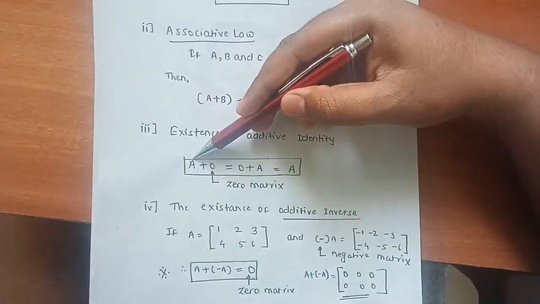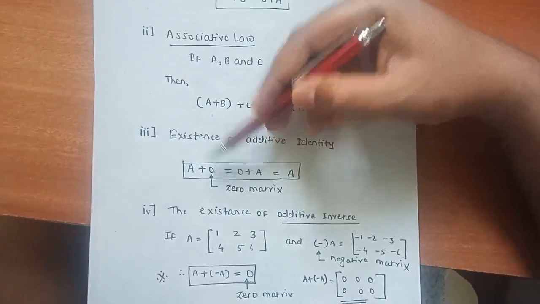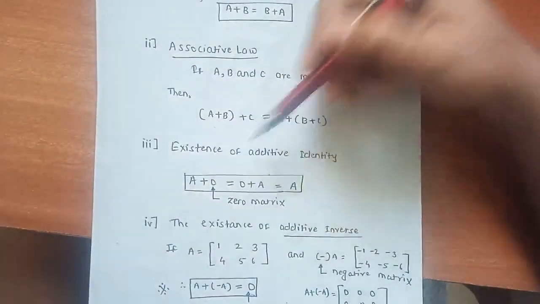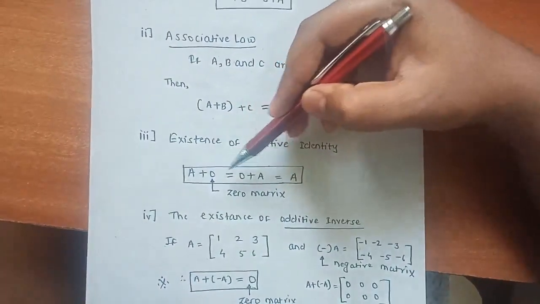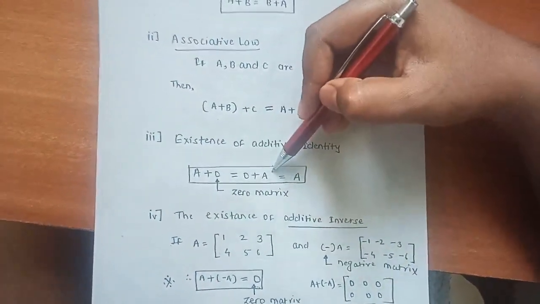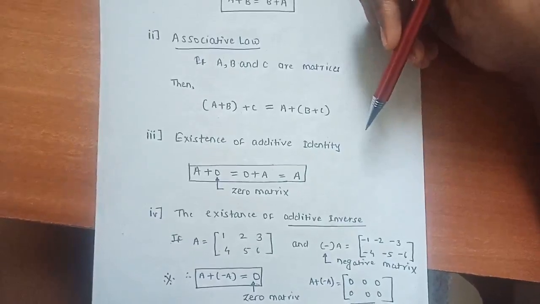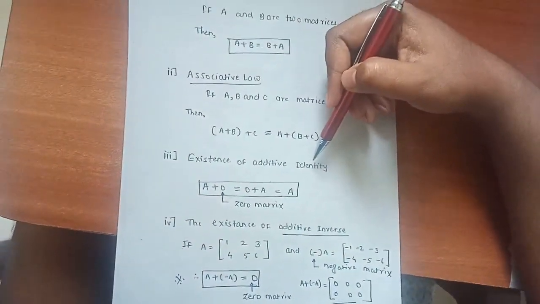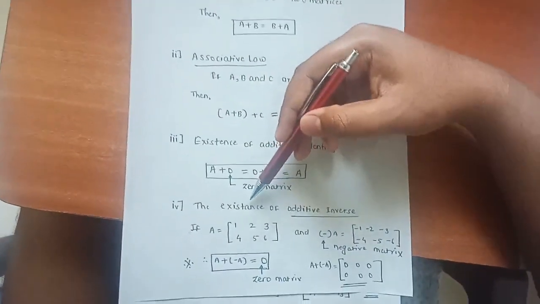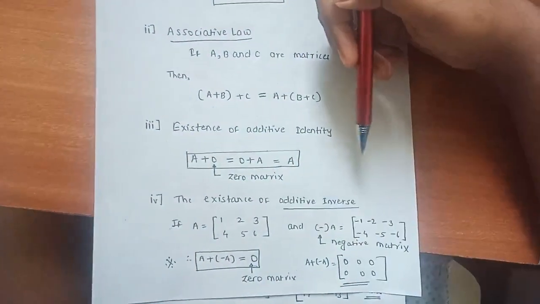Next is existence of additive identity. That means any matrix and the zero matrix. Zero matrix means, as we explained in the previous slides, all the elements are zero. So if any matrix is added to the zero matrix, or the zero matrix is added to the particular matrix, your answer is going to be the same matrix. In such cases we can say it is the additive identity. Next is the existence of additive inverse.